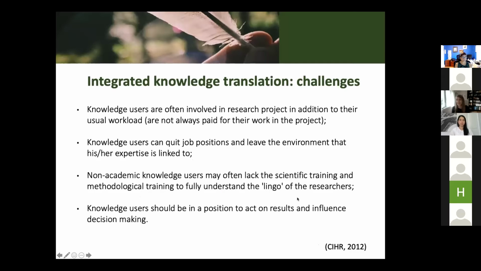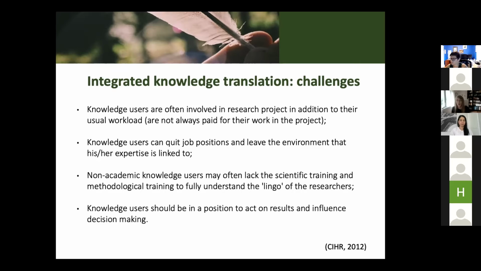So as you may guess, there are also some challenges to IKT, and I would say that the first one is that knowledge users are often involved in research projects in addition to their usual workload in their organization. They are not always paid for their work in the project. So this is a barrier.